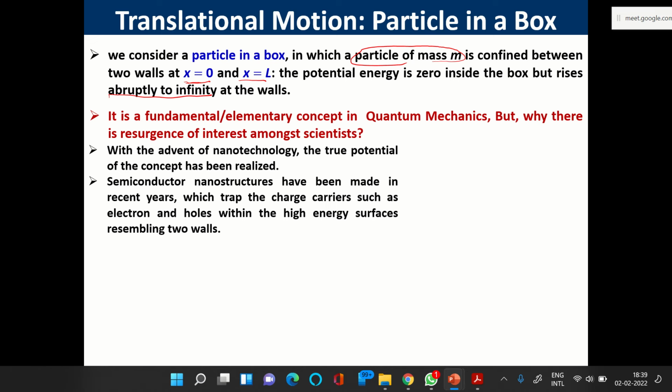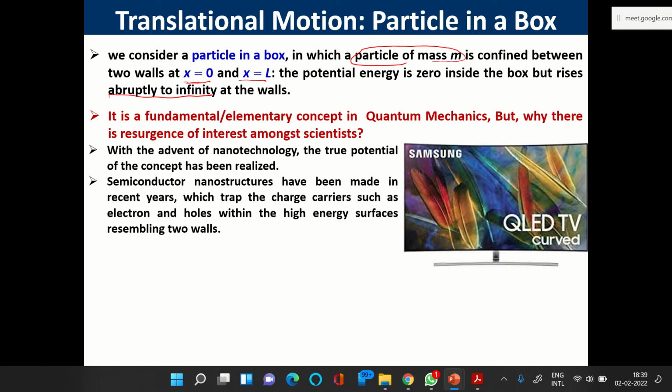The surface always has a high energy, so they resemble the two walls. So a real physical situation can be created and utilized, and that will have properties which you could never have imagined. Such things have happened.